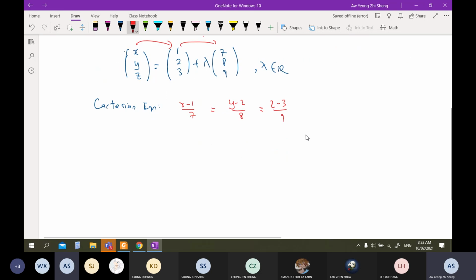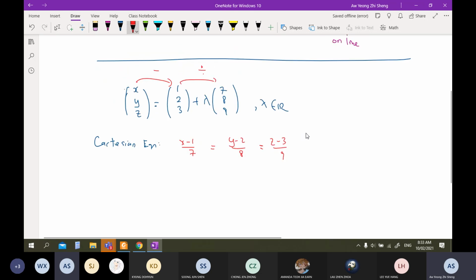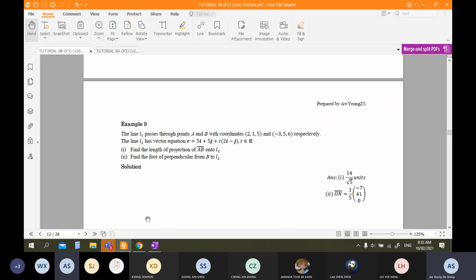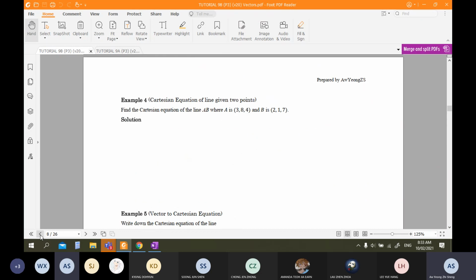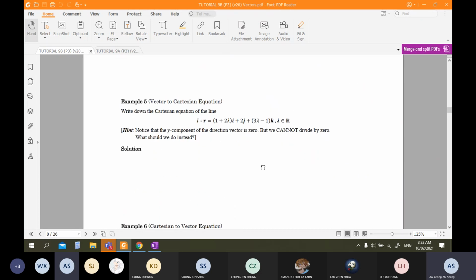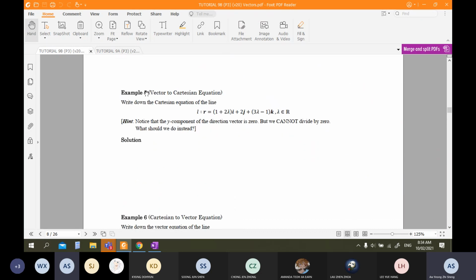Okay, we have also encountered some special situations where the direction vector has some zero component. In such a case, when you write down the Cartesian equation, you will have to state that component separately, and that one we have covered in example number 5 here.